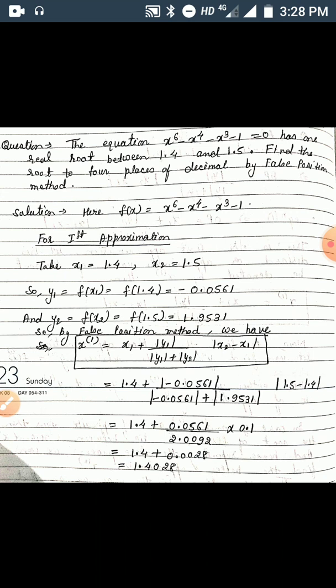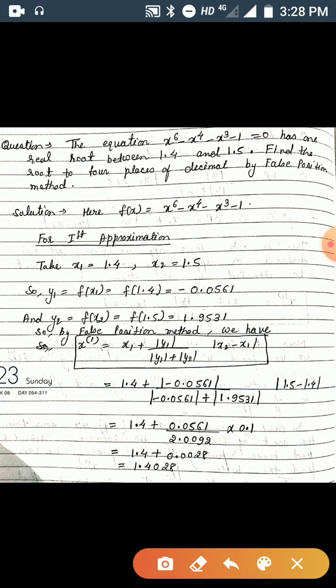By putting the value of x equal to 1.4 in this equation, after simplifying we will get the value as minus 0.0561. Similarly, y2 is equal to f(x2) is equal to f(1.5). In the same expression, you have to put x is equal to 1.5 and simplify, you will get the value 1.9531.